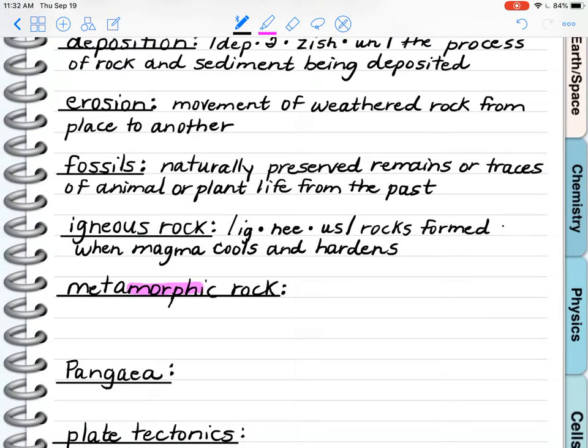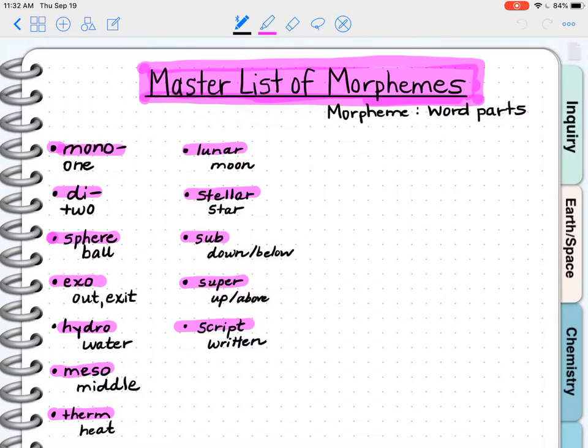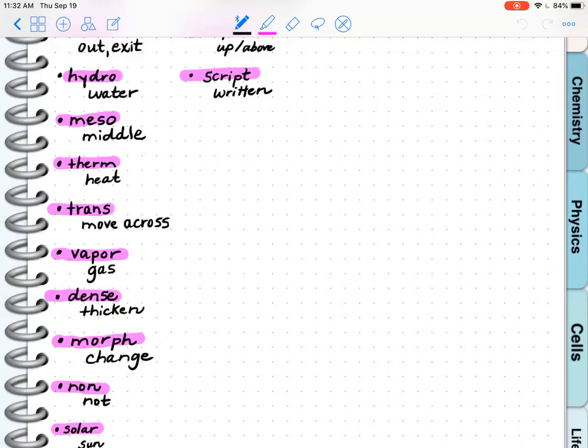Another type of rock is metamorphic rock. And we've already identified morph. Let's be sure that that's a morpheme. Morph means to change. Yes, we have it on our list of morphemes. Morph is to change.